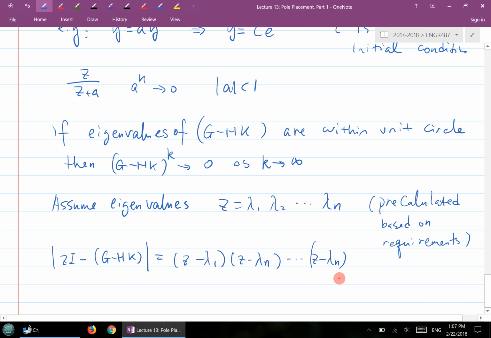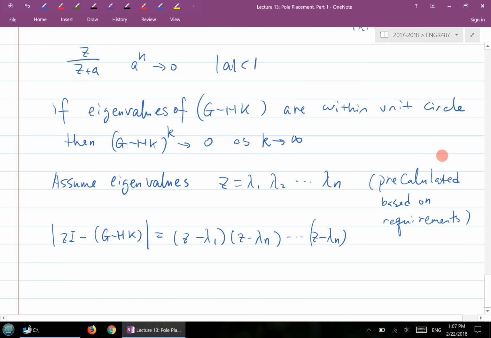As a matter of fact, this whole right side here, if you expand it, is basically what we call the characteristic equation for the closed loop system. I should say the desired characteristic equation.